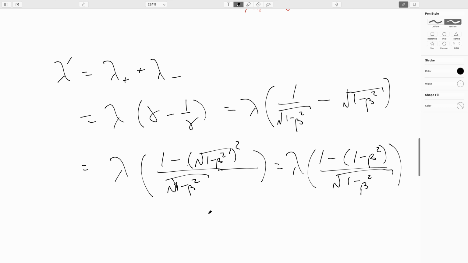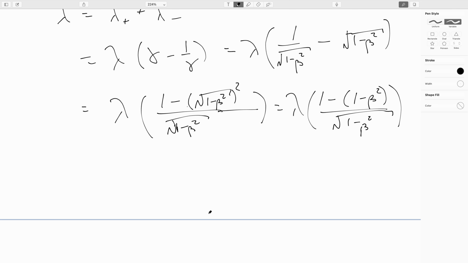All right, so the ones cancel, and this becomes lambda beta squared over root 1 minus beta squared. So this is beta squared times lambda, but then 1 over this root is gamma. Gamma lambda we saw was our positive linear charge density, so let's just roll with that.